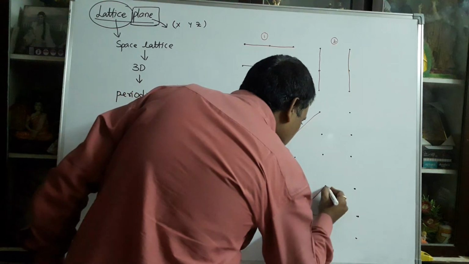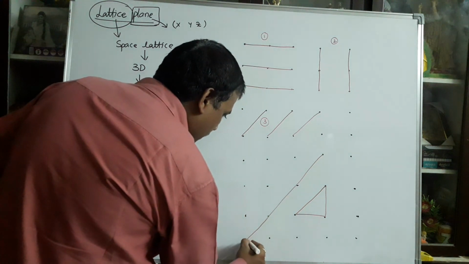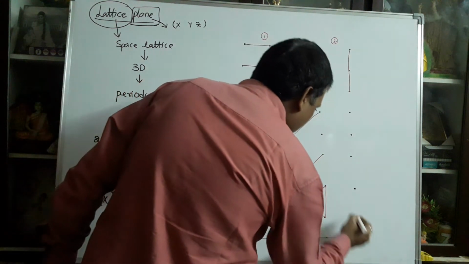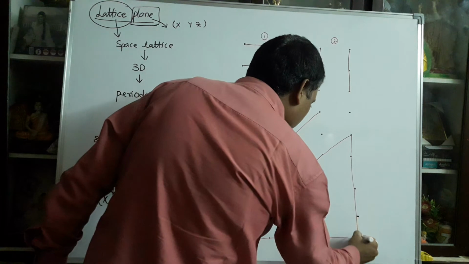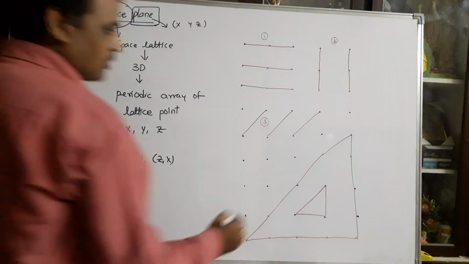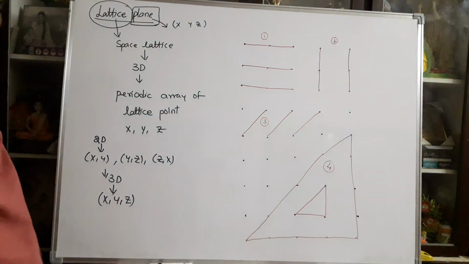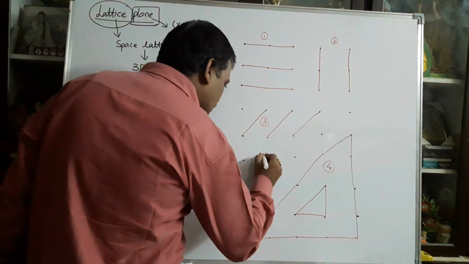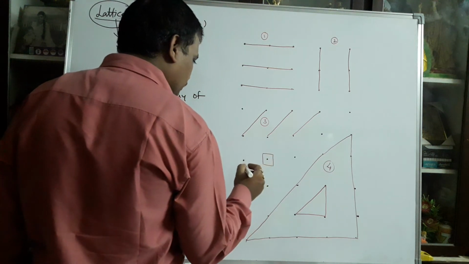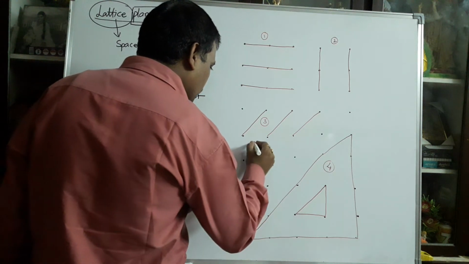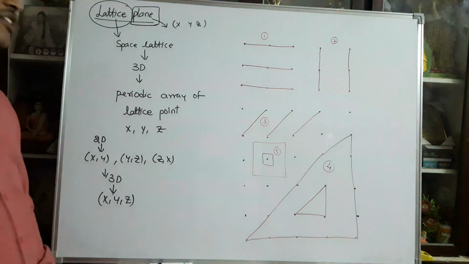This is one more lattice point. That is the fourth type, which can be taken as triangular lattice planes. Suppose I am taking one lattice point like this. These squares are also indicating lattice planes. In this way we can show different lattice planes.